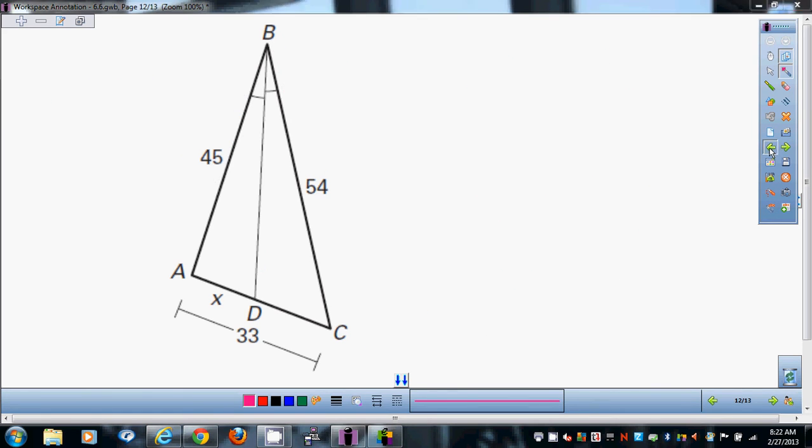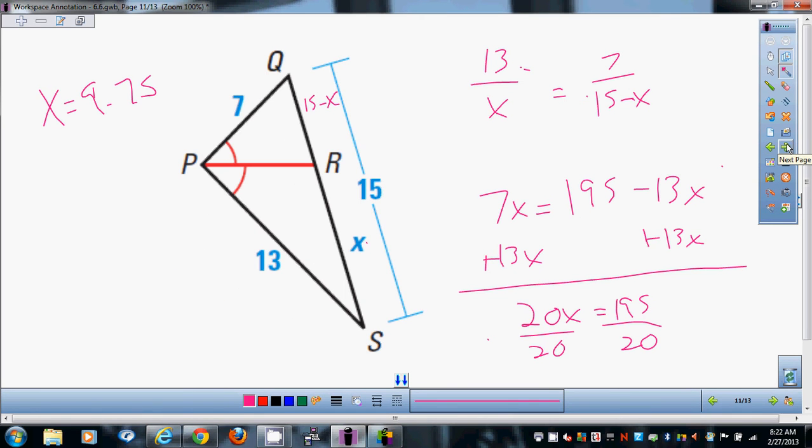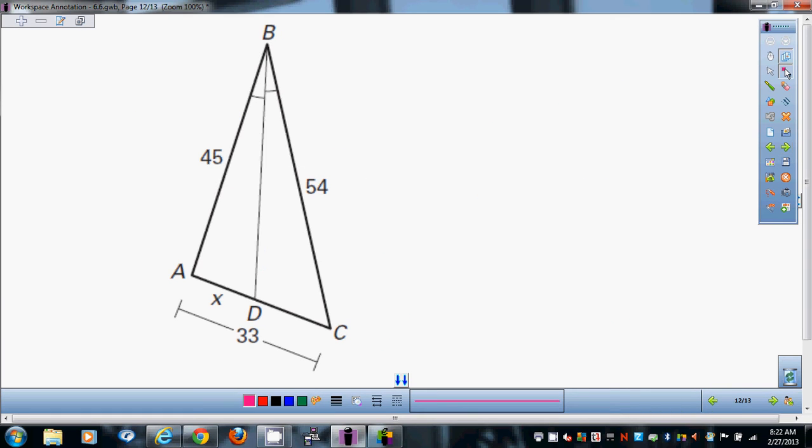Now, Brandon. If this piece is x, going just by the last example, what can I label this piece? You're the man. 33 minus x. Very good. Now, Cameron, how am I going to set this up? That'll work. Then what?